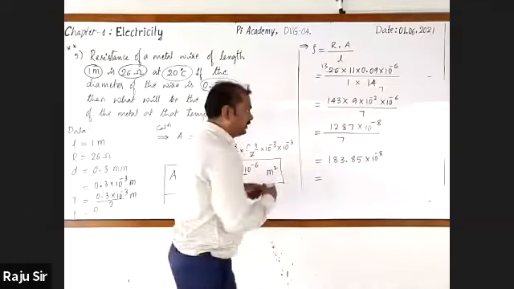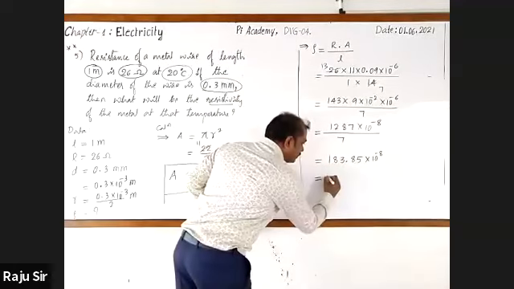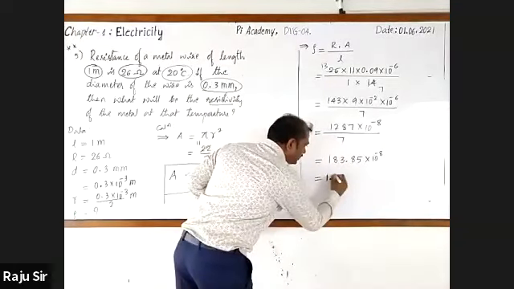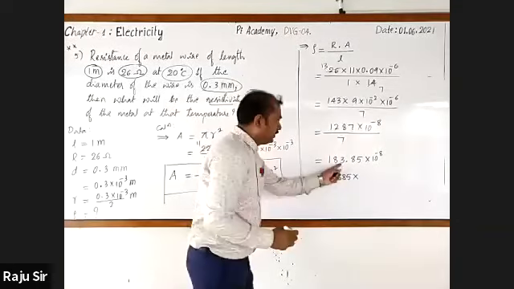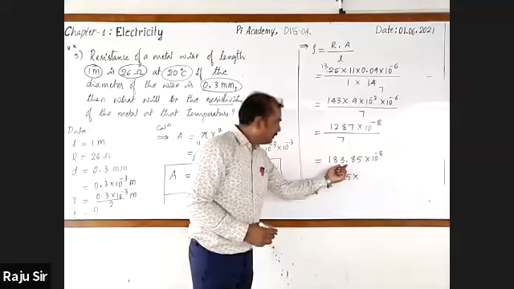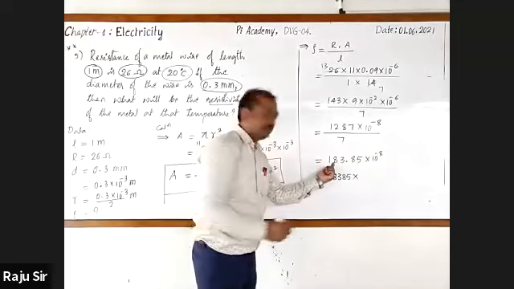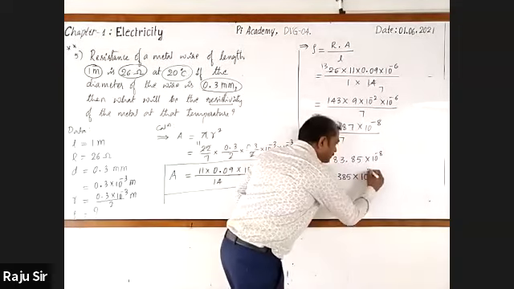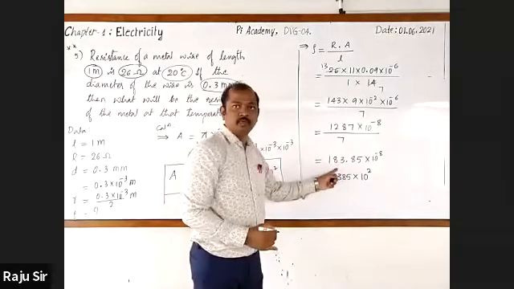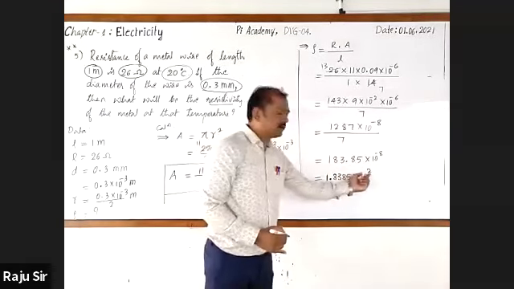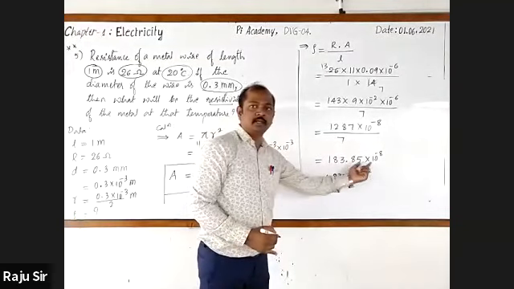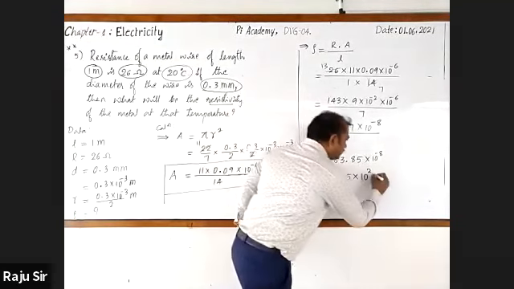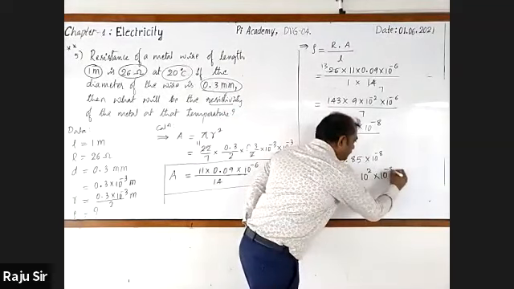So that is why I go for writing this as 1.8385 into, here I have taken decimal before 2 digits. Hence it is 10 raised to the power plus 2. If you take 1 digit, it is 10 raised to the power 1. 2 digits, 10 raised to the power 2. 3 digits, 10 raised to the power 3. Into 10 raised to the power minus 8.